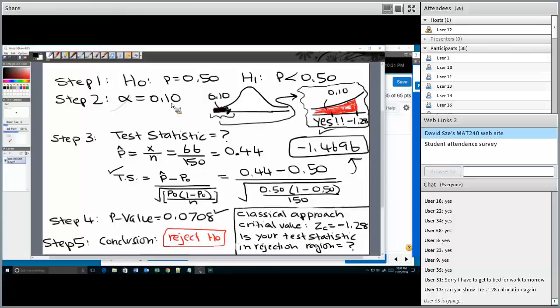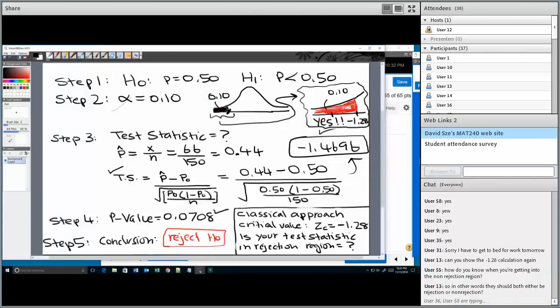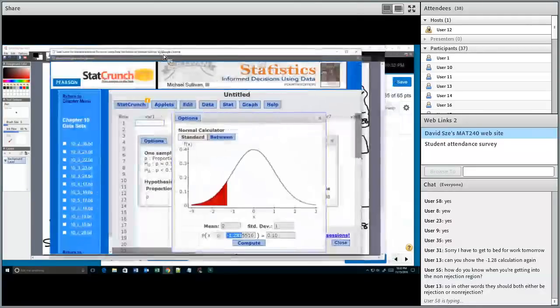All you have to do is calculate your p-value and compare it to alpha. If it's less than alpha, reject the null hypothesis. That's all you have to do. In the classical approach, you have this added step. You have to find your critical value, and that is the step that needs more calculations. And then you have to get to your conclusion.